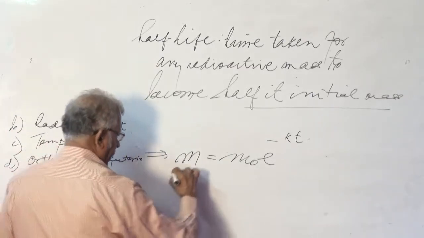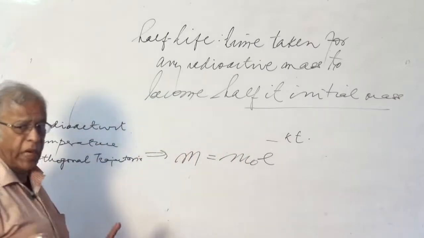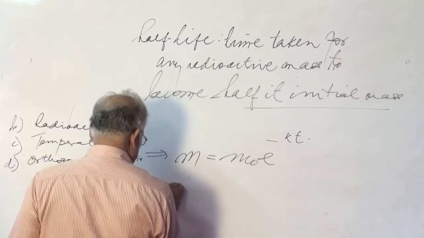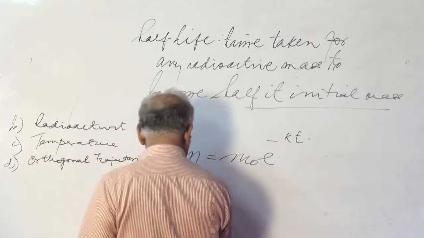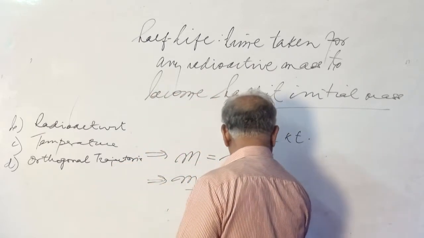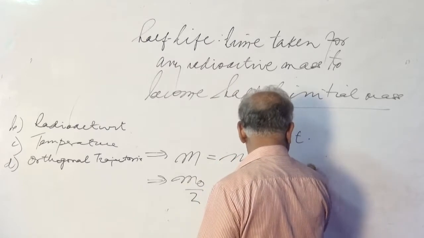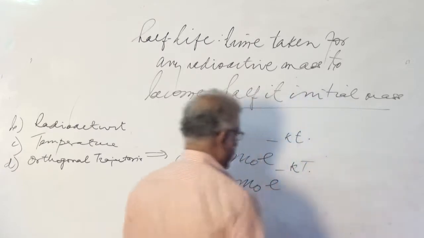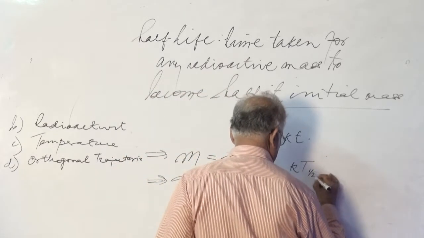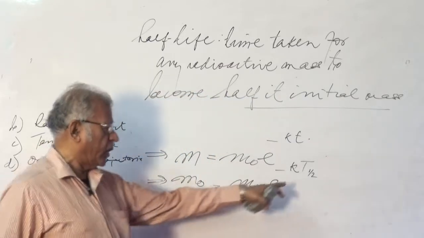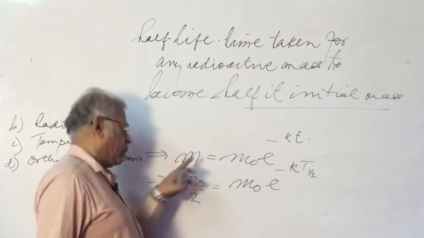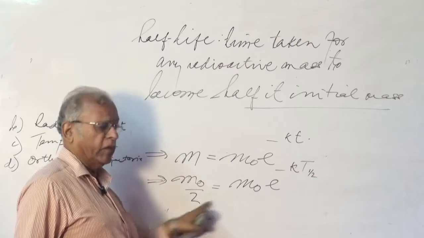So, if we let the corresponding time be capital T, when m becomes m0 by 2, then we can write m0 by 2 is m naught e to the power of minus k t, where actually I can write better t sub half, where t sub half tells us the time at which the initial mass of m naught becomes half its initial value.